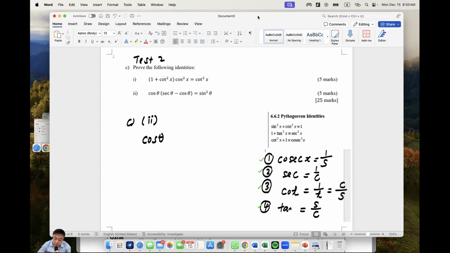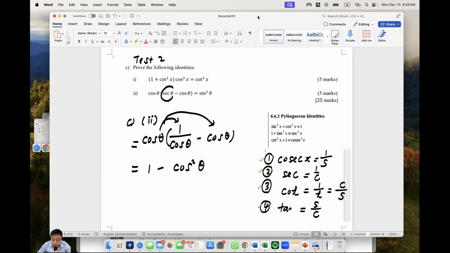Cos theta, what I will do is 1 over cos minus cos theta, isn't it? Right. What you can do is just multiply in. What is 1 minus cos squared? Sine squared theta.